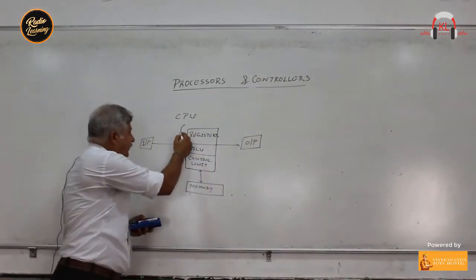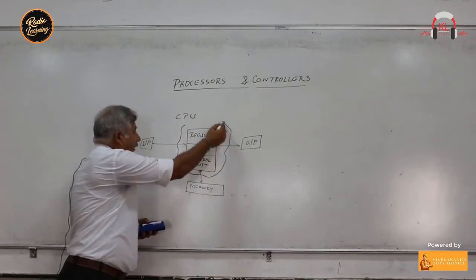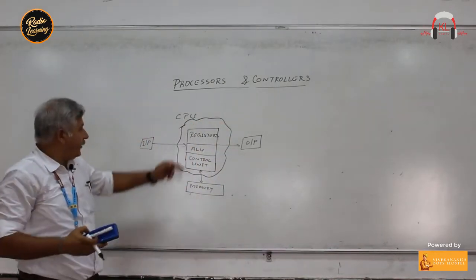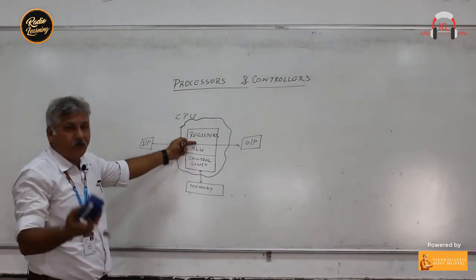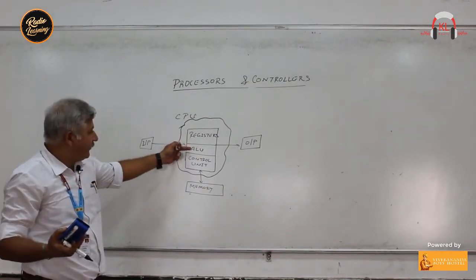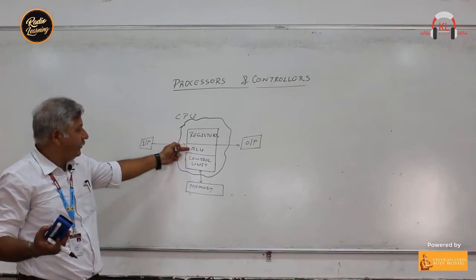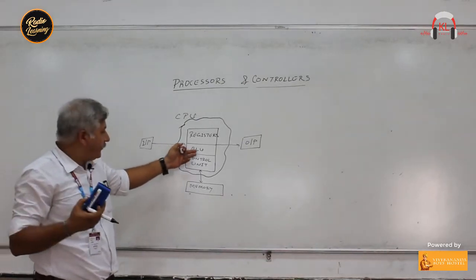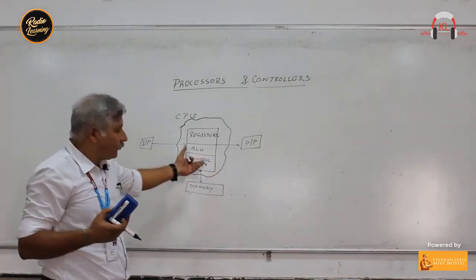So here we have this central processing unit. Inside this central processing unit, we have registers, which are used to store your content, your data, an ALU, arithmetic and logical unit, which is used to perform arithmetic and logical operations, and a control unit.